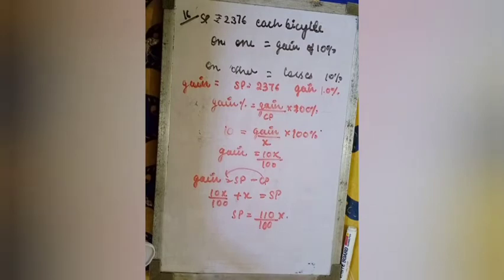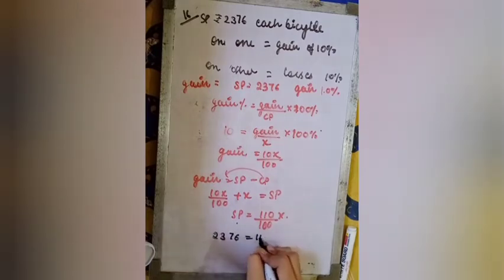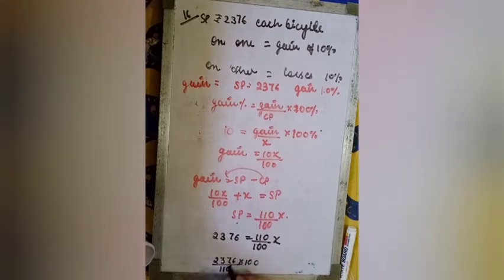This is the SP, and SP is given, it is 2376. From here we can find the value of x, that means our CP. 2376 upon 110 into 100.